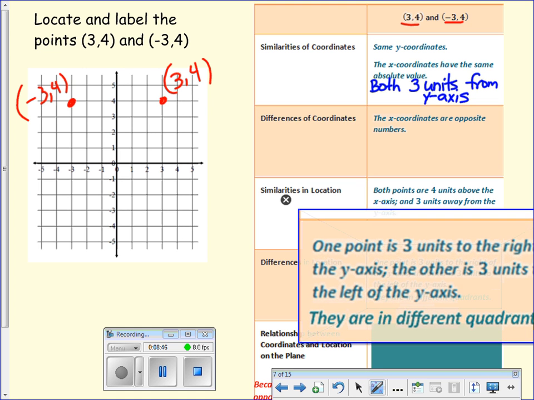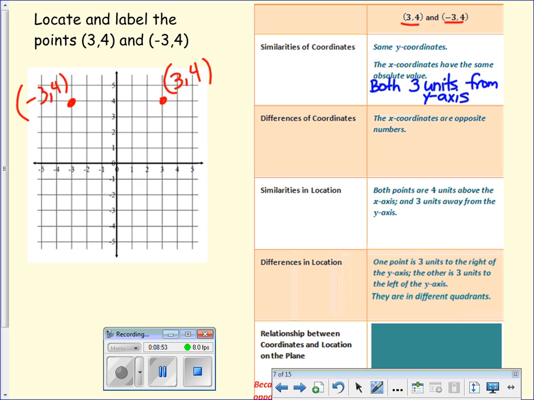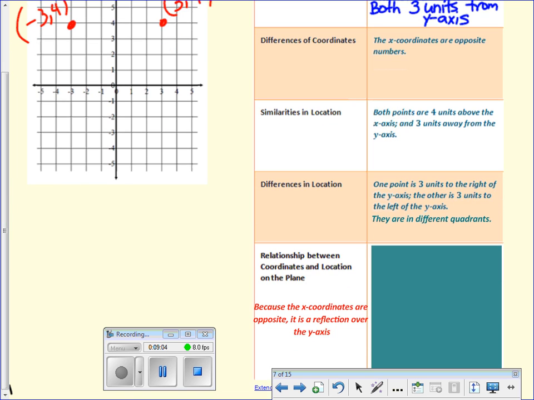And like we said, they're in different quadrants. And finally, the relationship between the coordinates and the location. Now they gave a really long, detailed answer.